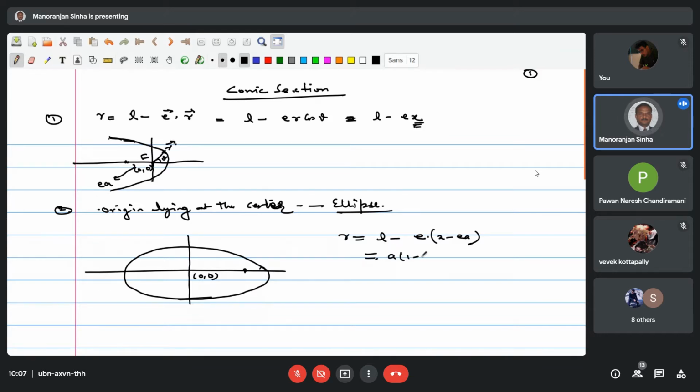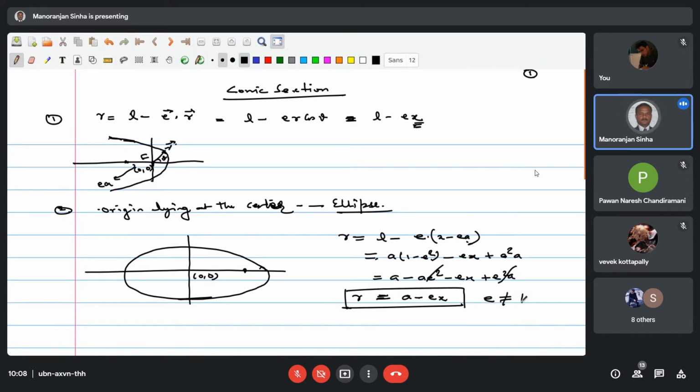This will be a times 1 minus e square, minus ex plus e square a. This is valid only if e is not equal to 1. Otherwise, this is not valid.